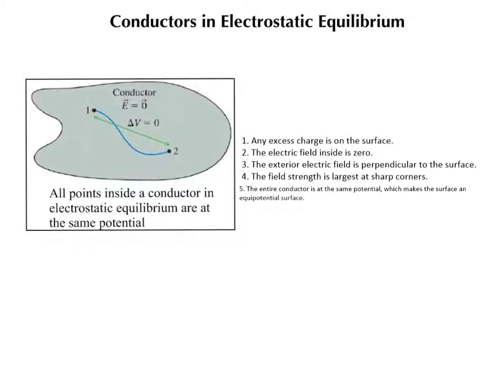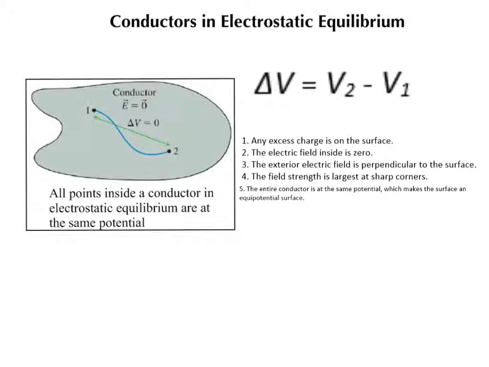To see why this is so, this figure here shows two points inside a conductor connected by a line that remains entirely inside that conductor. We can find the potential difference between these two points by using an external force to push a charge along the line from 1 to 2 and calculating the work that is done.